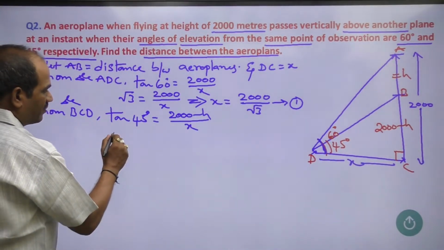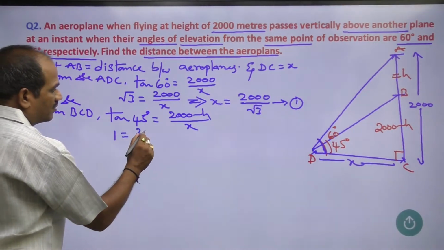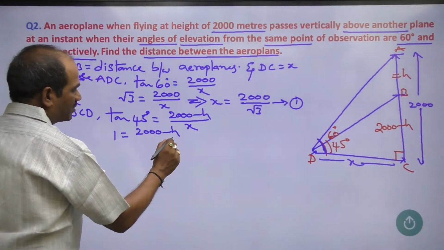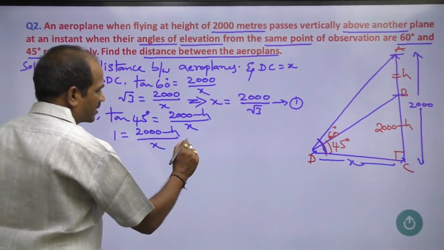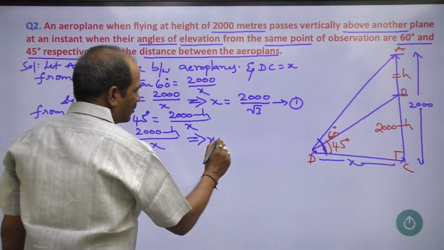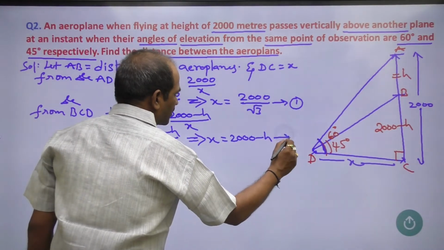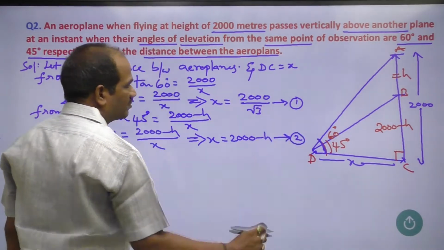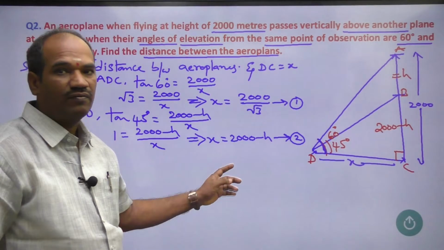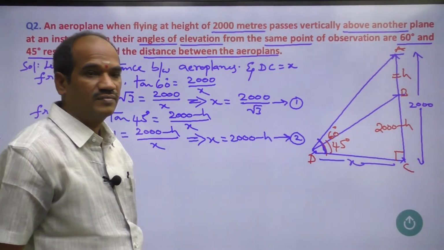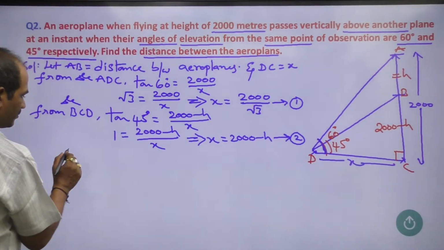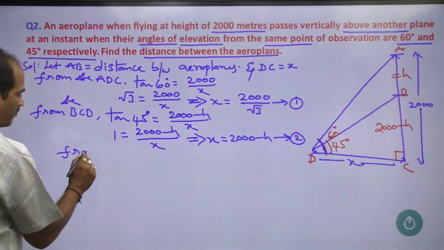Tan 45 degrees value is 1, so 1 is equal to 2000 minus h by x. So x is equal to 2000 minus h. That is equation number 2. So from 1 and 2 we calculate the h value.